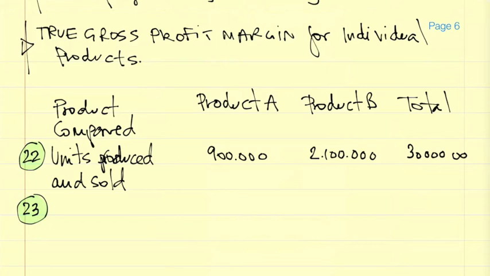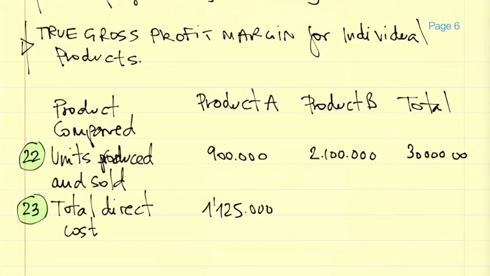Number 23 is the total direct cost. Okay, so we have 1,125,000, and here we have 2.1 million, and then we have a total cost of 225,000.